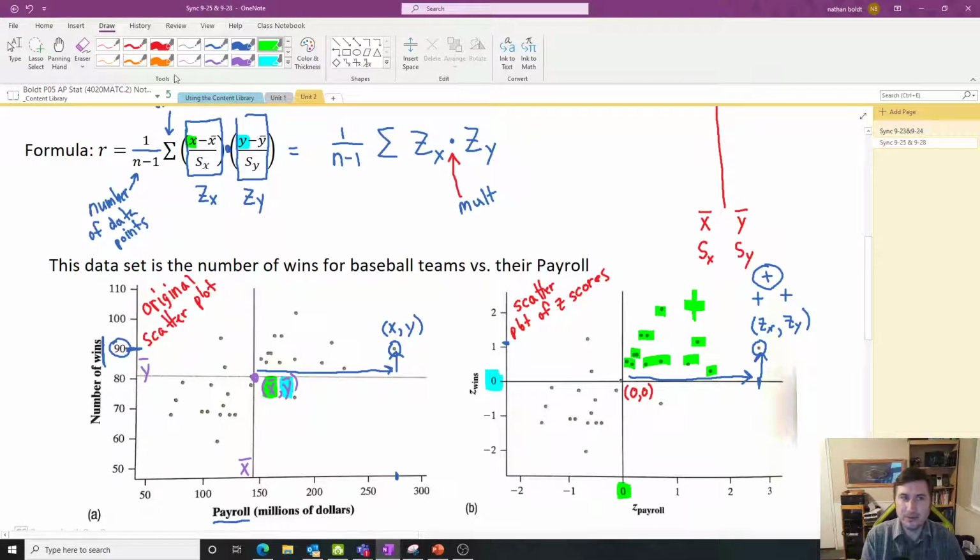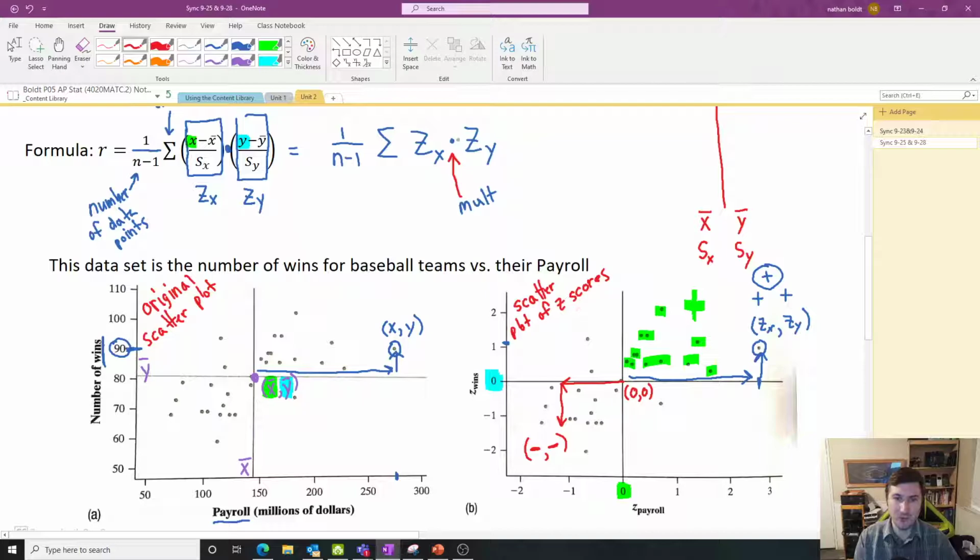And by a similar logic, we can do the bottom left quadrant as well, because all of these points are below the mean in terms of payroll, and they're below the mean in terms of number of wins, and so these will be a negative z-score, comma, negative z-score.